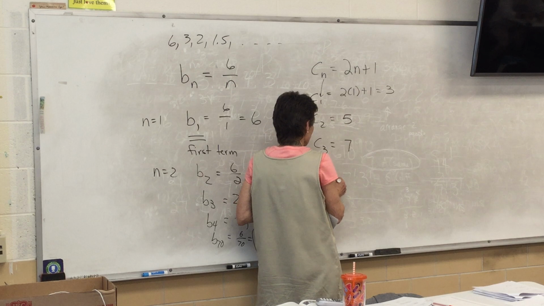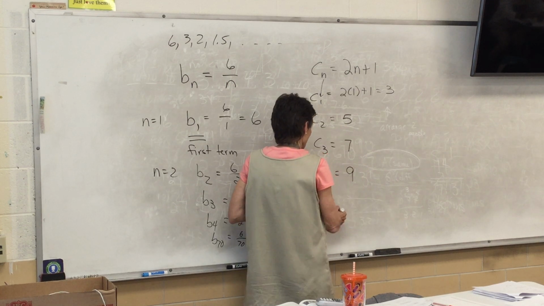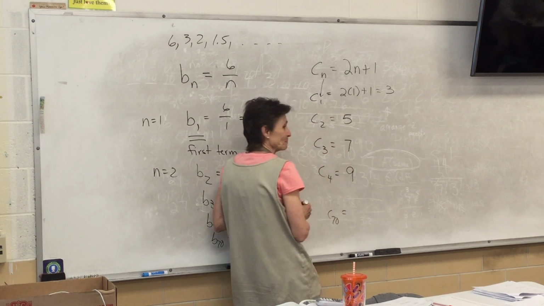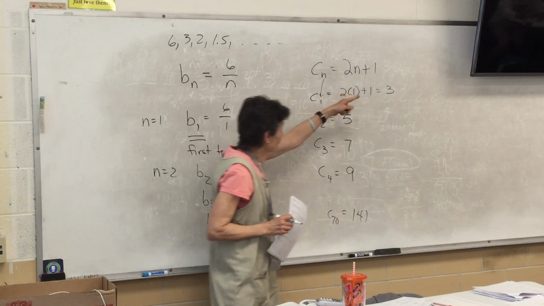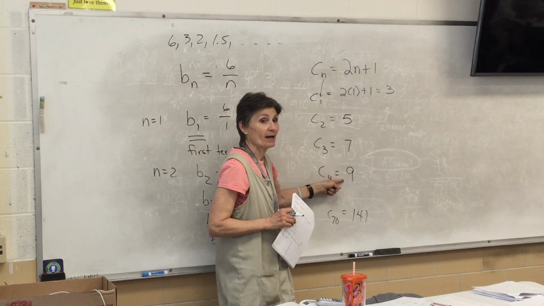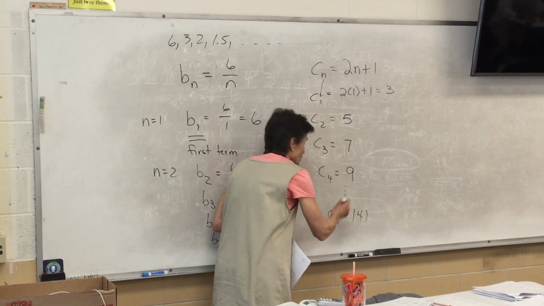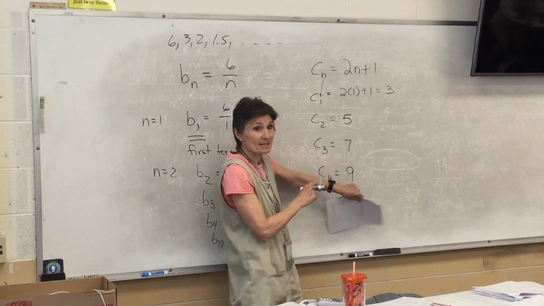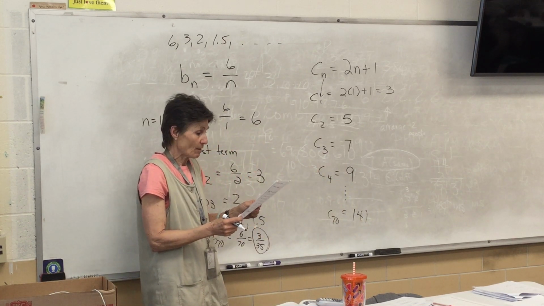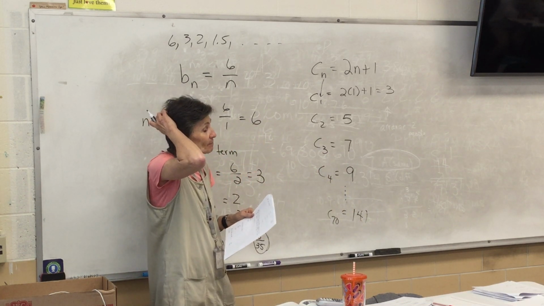Uh-oh, something's happening here. And then what would the 70th one be? 141. What kind of sequence is this? 3, 5, 7, 9. Now remember, there's a whole bunch in there, so don't really count that one. But 3, 5, 7, 9, that's arithmetic, isn't it? That's an arithmetic sequence.